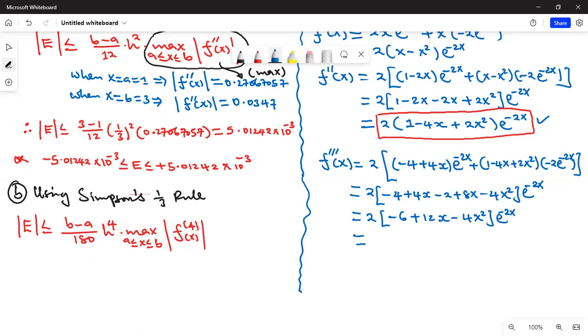I can see 2 is common, so this will be 4 into negative 3 plus 6x minus 2x squared, exponential negative 2x.